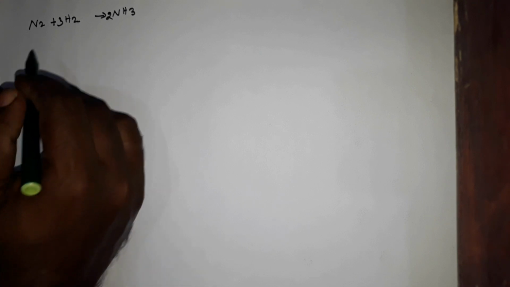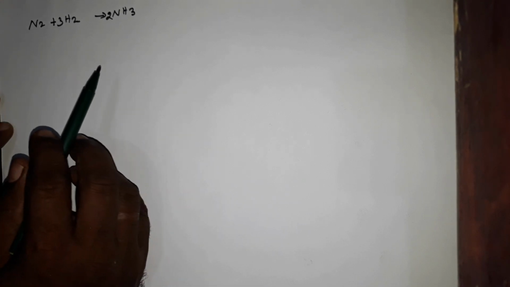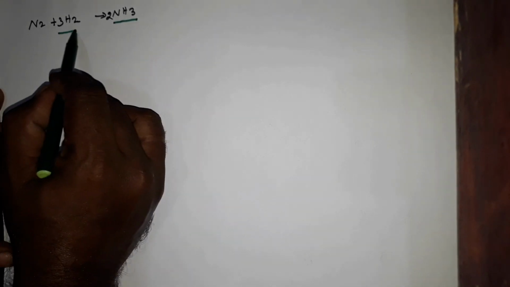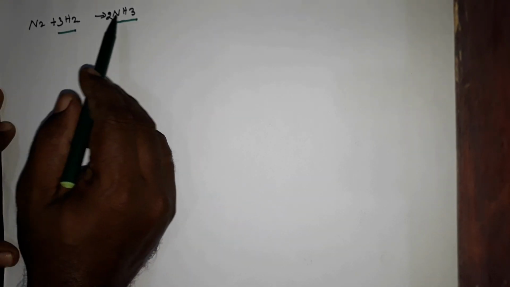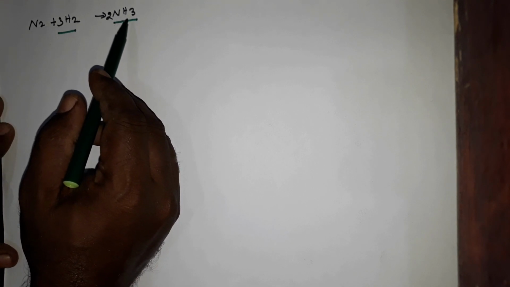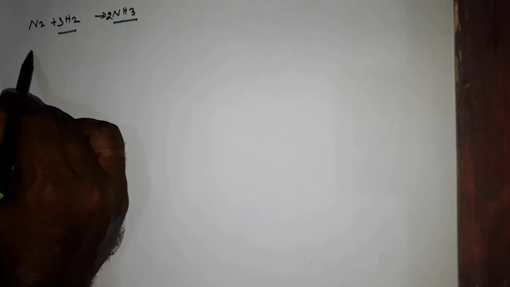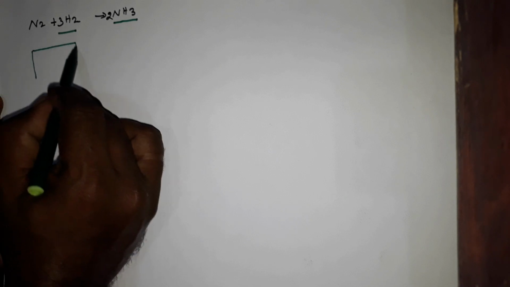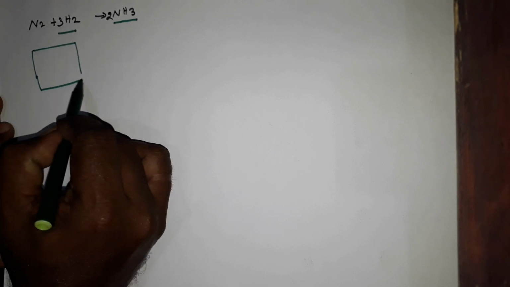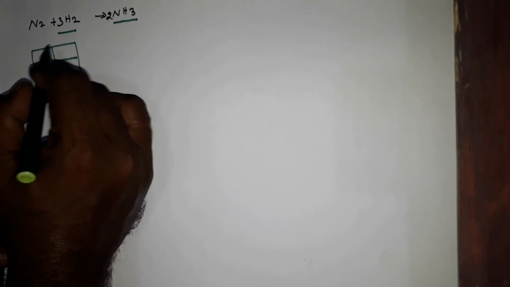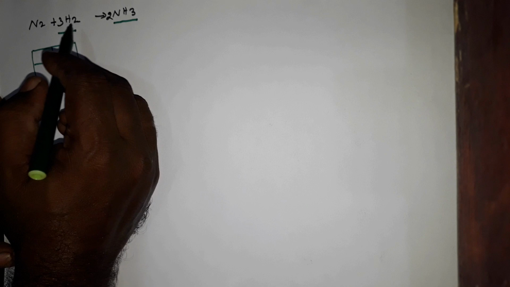Now, actually according to the question, ammonia, then hydrogen. There are only two substances given in the question. One is ammonia, another one is hydrogen. So make one small box. In the box, write what are the substances required.